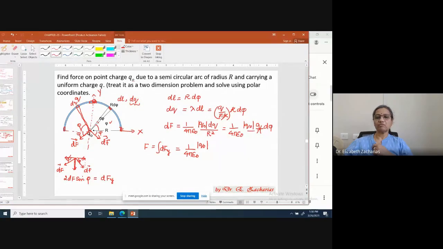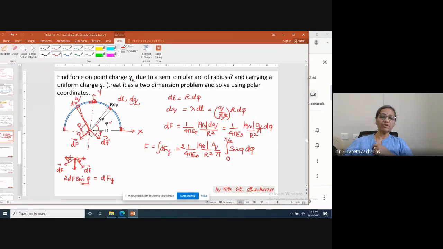And then of course I have my r square. So my capital R square is a constant. My q is here, my pi is here. And then I have to put this sin phi, and of course there is a 2. And then integral sin phi d phi, and I have to do it from 0 to pi by 2.